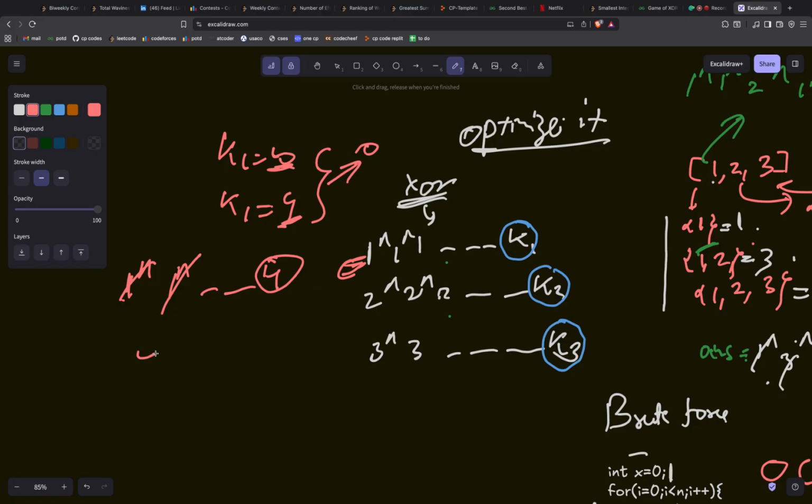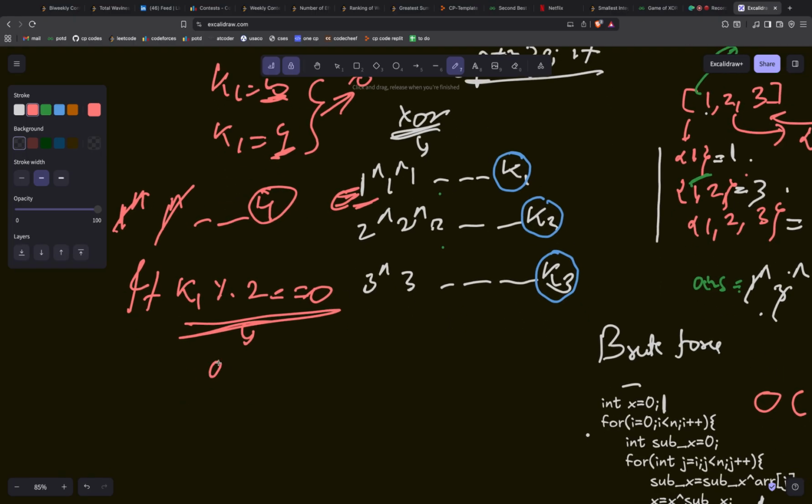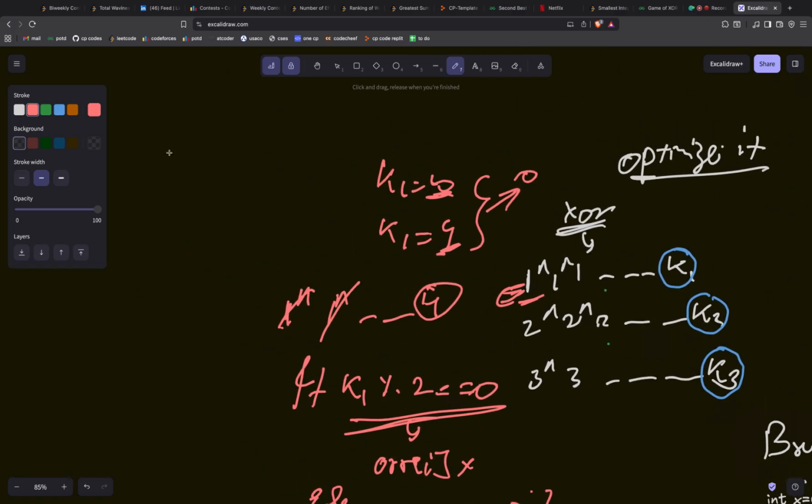That is, if k1 mod 2 is 0, basically k1 is even, then we do not add this ARRI. Else x equals x XOR ARRI. Because let's take the example of k2, that is the frequency of 2 in the final XOR.